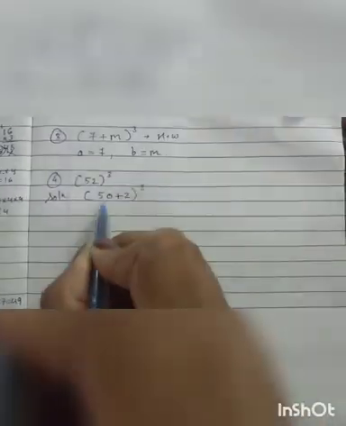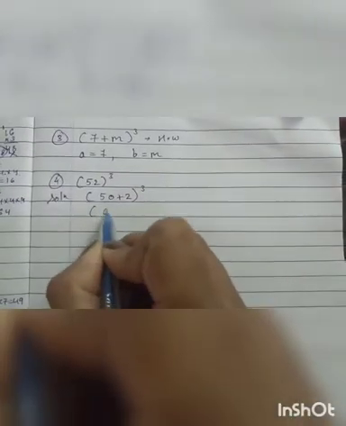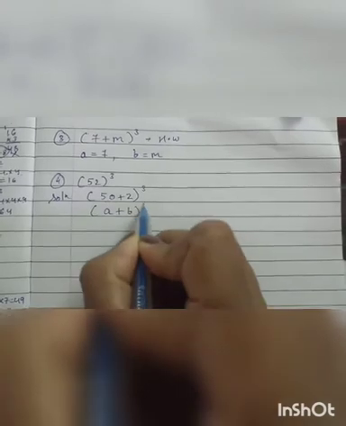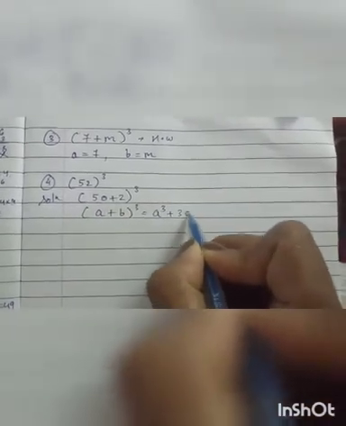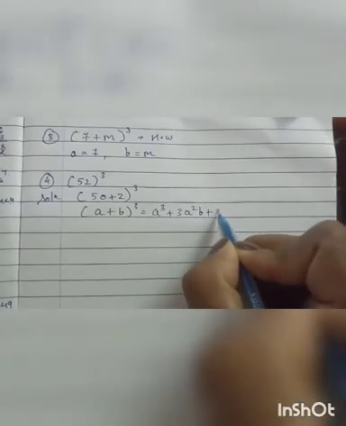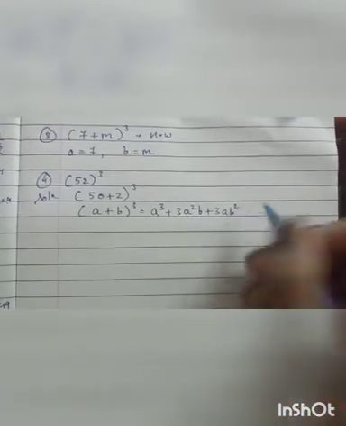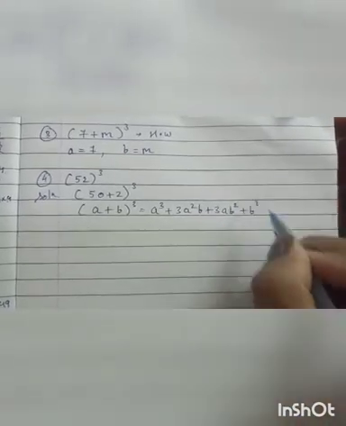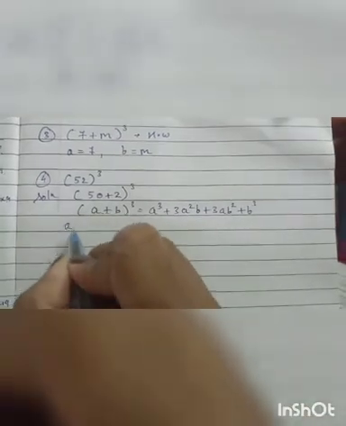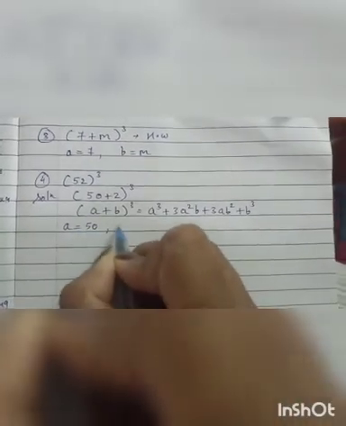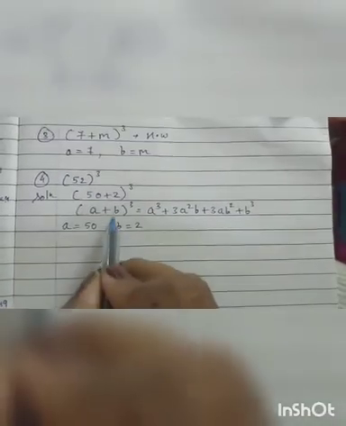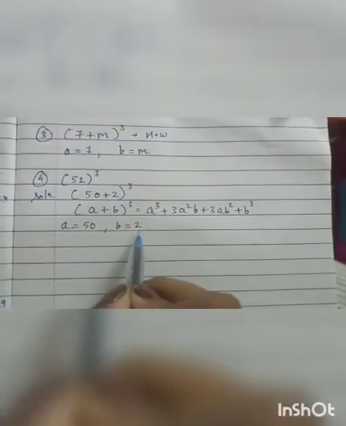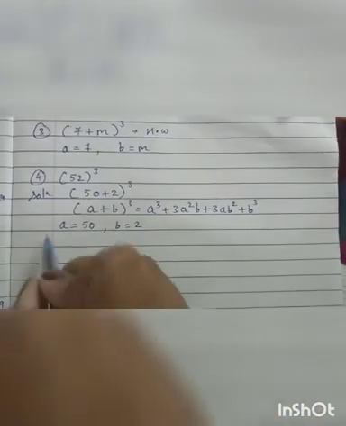cube. Now we have two terms, so we will take the formula (a + b) whole cube = a cube + 3a square b + 3ab square + b cube. Now a's value is 50 and b's value is 2. Now substitute the values in the formula.